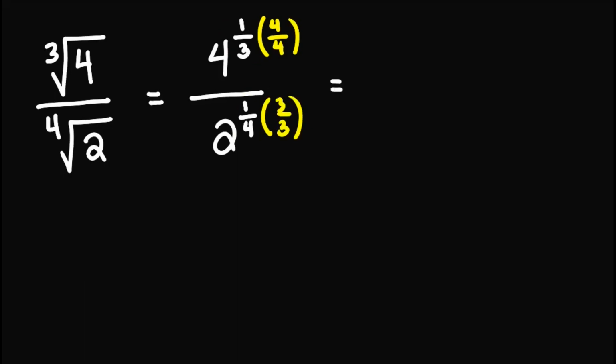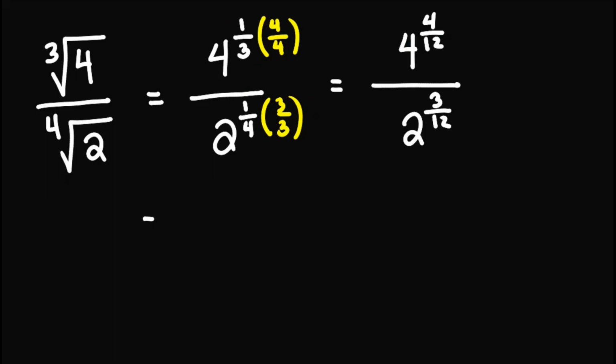So this one will become 4 raised to 4 over 12 all over 2 raised to 3 over 12. So we now both have a denominator of 12.